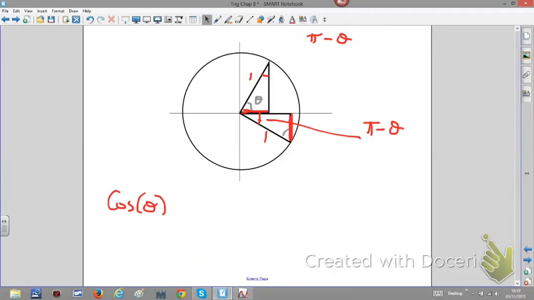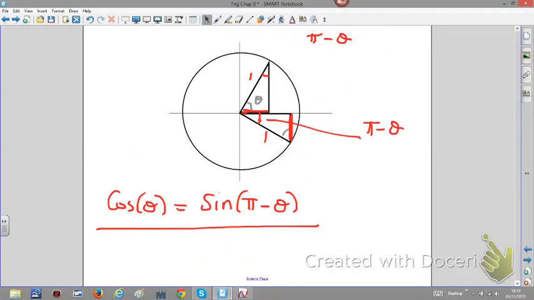And this value here, because it's a unit circle, is sine of the other angle, which is pi minus theta. So we've got a relationship there. Cos theta is equal to sine of pi minus theta.